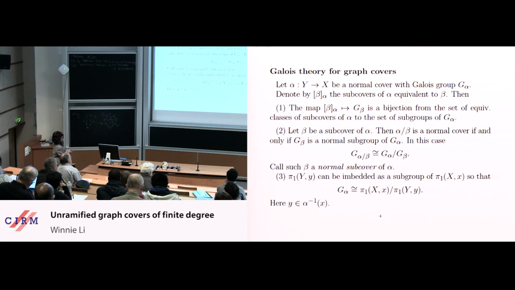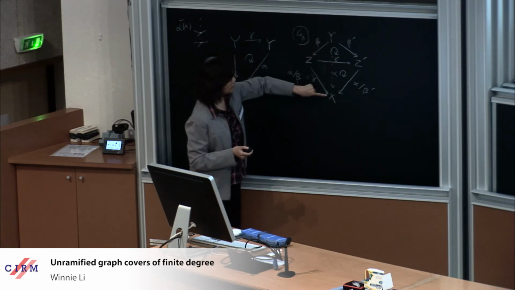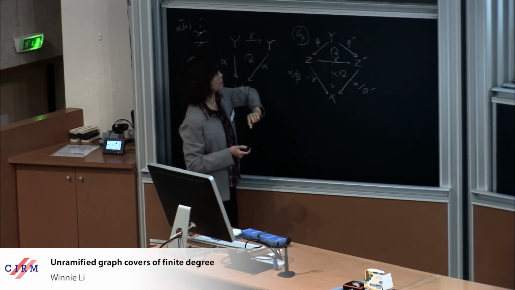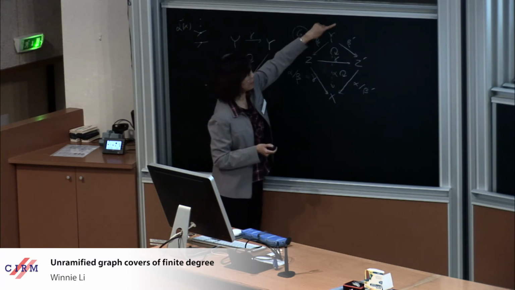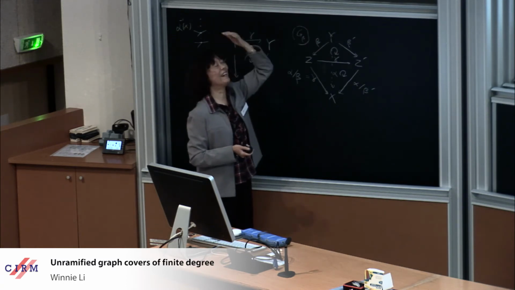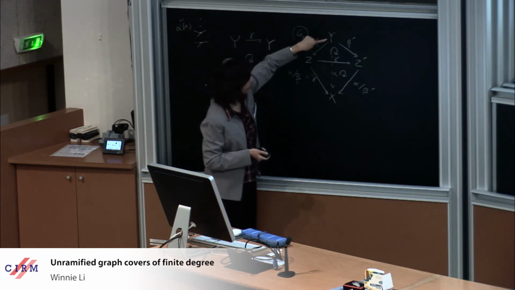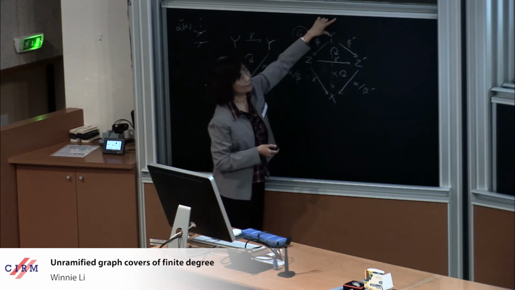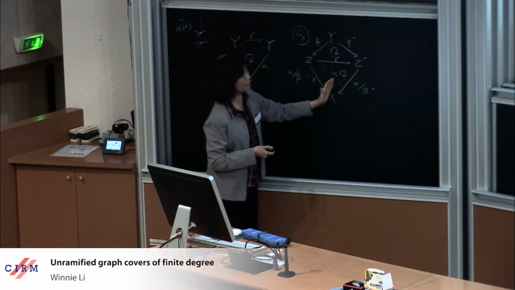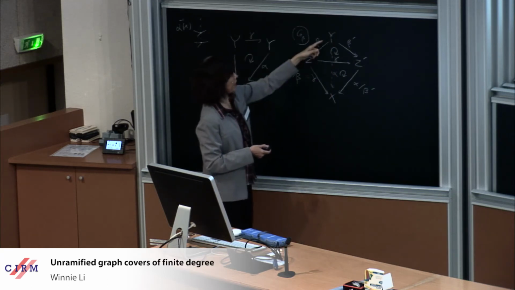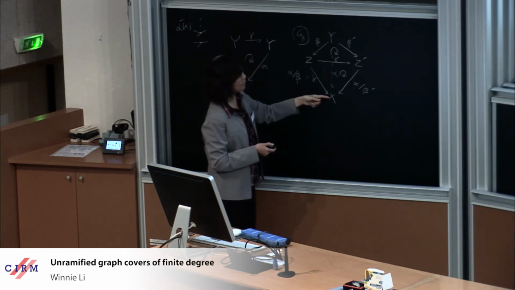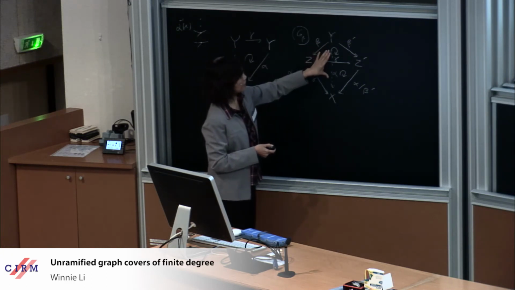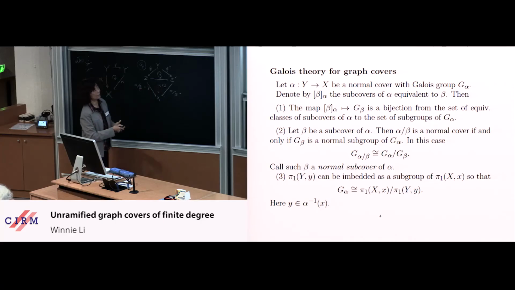The third thing I want to say is that if I start with Y over X, which is a normal cover, then the universal cover of Y is also the universal cover of X. That allows us to embed the fundamental group of Y as a subgroup of the fundamental group of X. Since Y over X is a normal cover, this Galois group G alpha is isomorphic to the quotient of the two fundamental groups.